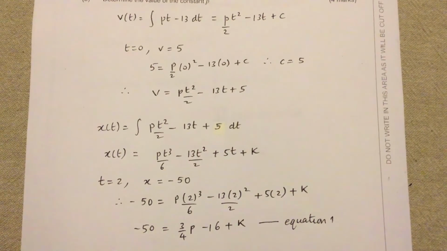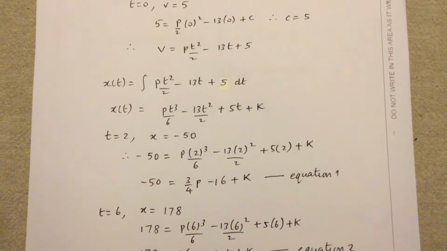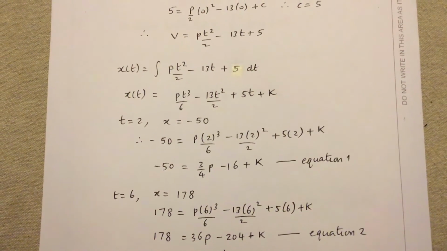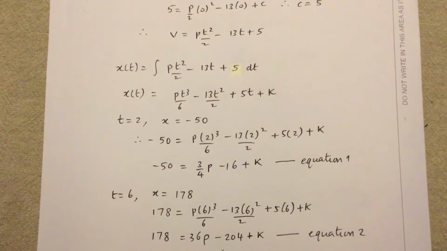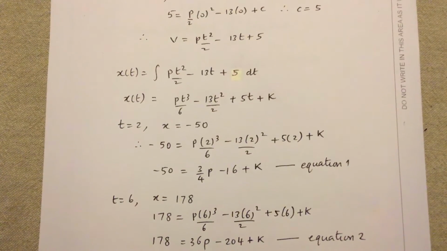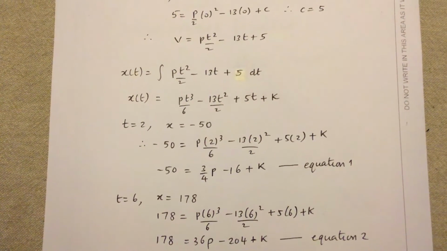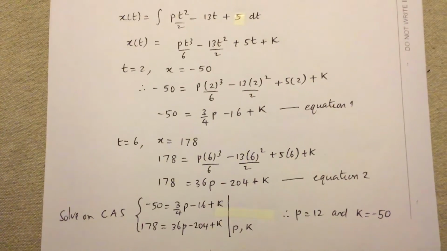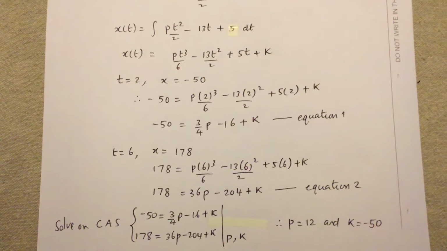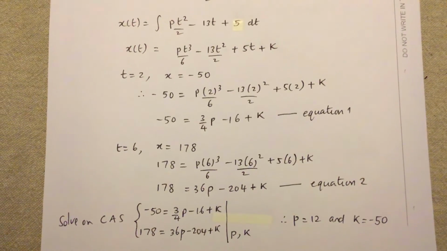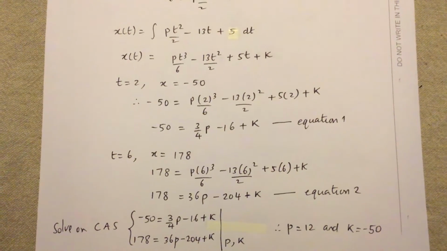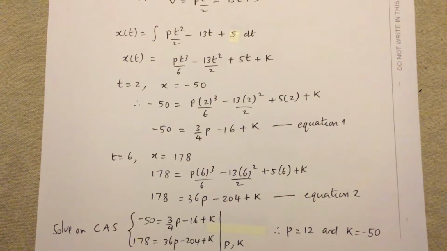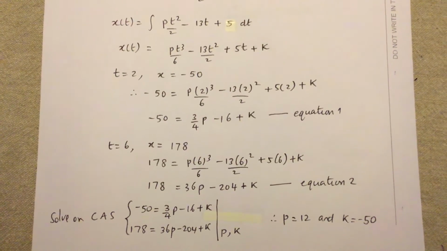Now we repeat the process using t equals 6, x equals 178, and then we'll come up with a second equation, which I have labeled as equation 2. Now, as you're aware, your ClassPad has a solve facility, so you just have to plug in the 2 equations and the 2 unknowns, and then you'll get the value p, which is 12. K is not required, but we can just write it down. K is negative 50.